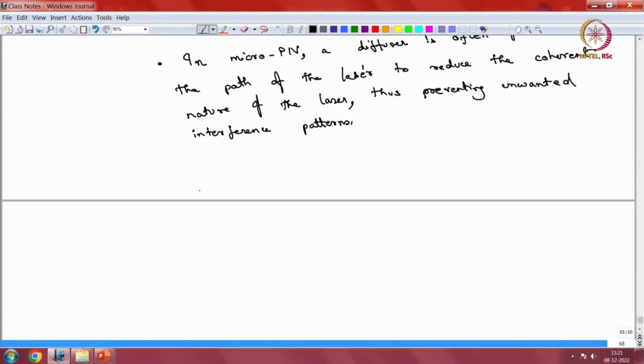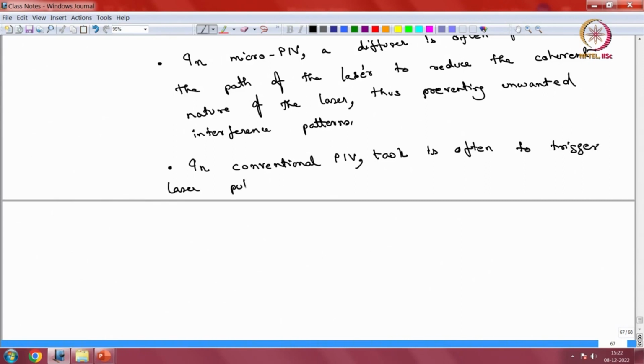And then finally, in conventional PIV, the task is often to trigger laser pulses and camera shutters simultaneously.